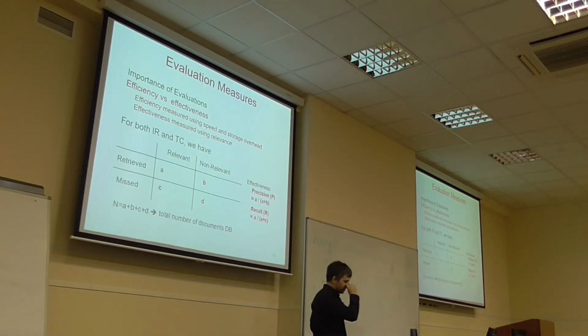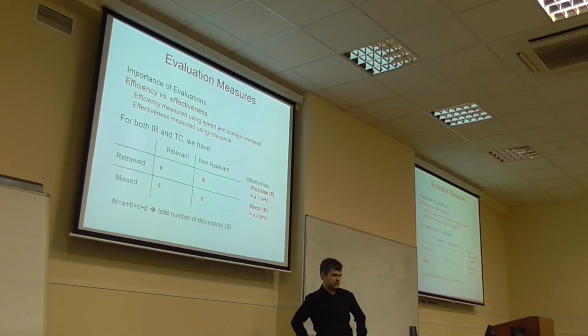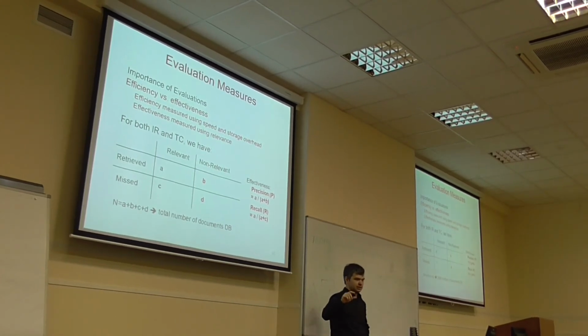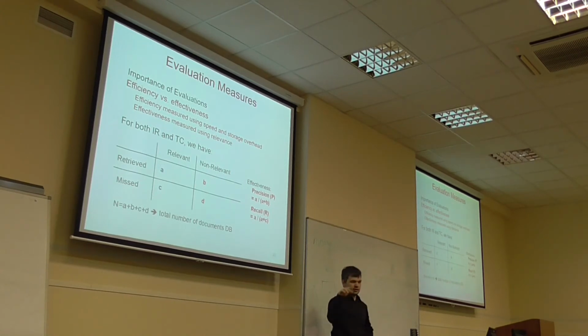So we use precision and recall to analyze both information retrieval tasks and classification tasks, because identifying the correct class can be considered as retrieving a relevant document, and classifying into an incorrect class can be considered as retrieving a non-relevant one.